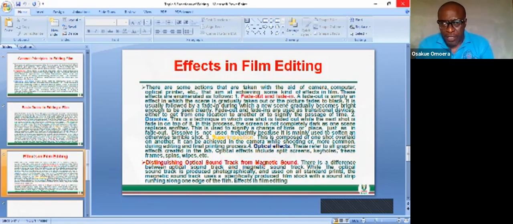The dissolve is used to signify change of time or place, just as fade out.